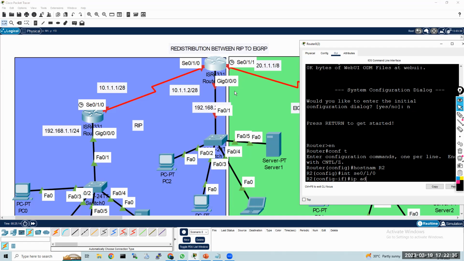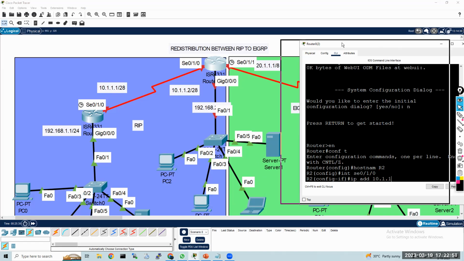Okay, the IP address is 10.1.1.2. Oh, wait. Is this supposed to be slash 28? This should be slash 8. Okay, then we have to go back and change the mask from the router.